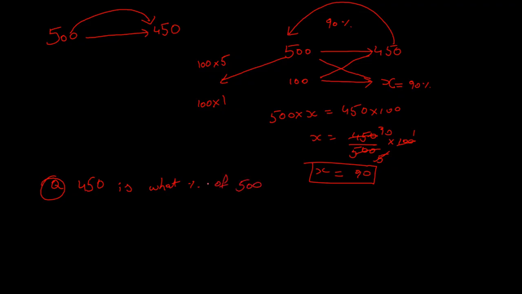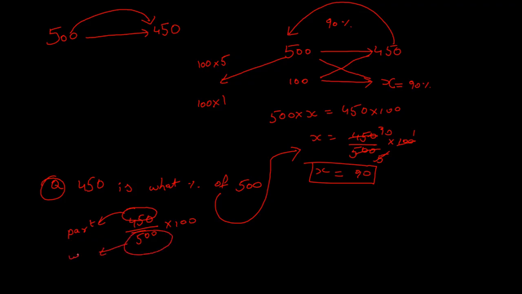So, in order to find this, the calculation that we have done is 450 upon 500 into 100. This is the part of marks that I have scored, and this is the whole that the exam was conducted for, and multiplying with 100 gives me the percentage value.